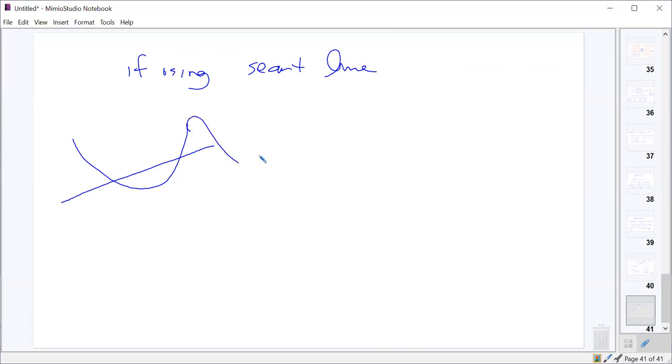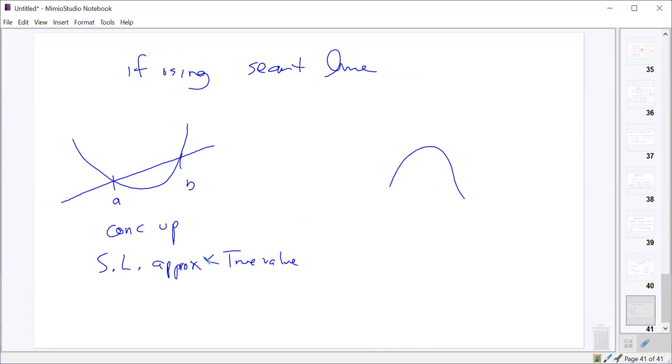It could go through more, but we're specifically talking about from A to B. It goes through the point at x equals A and the point at x equals B. If your function is concave up on that interval, then your secant line approximation is greater than the true value.